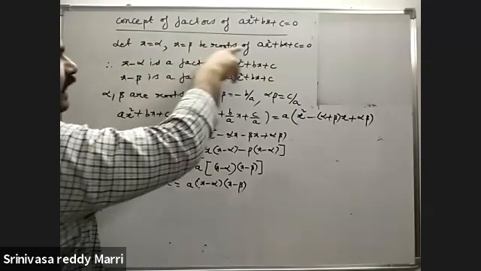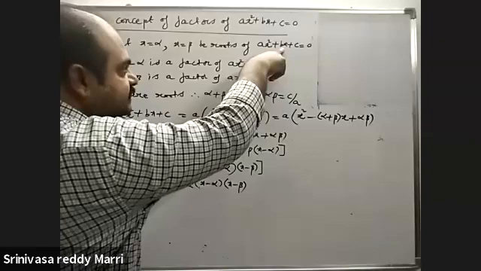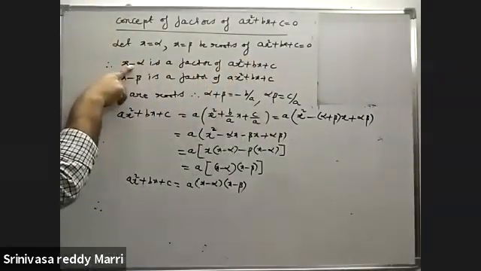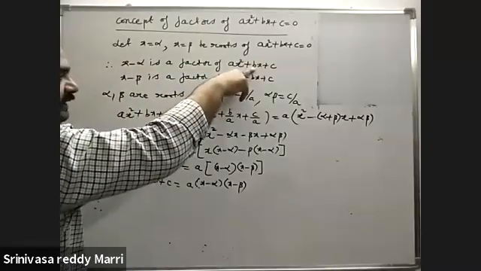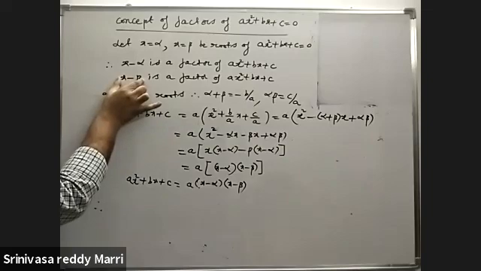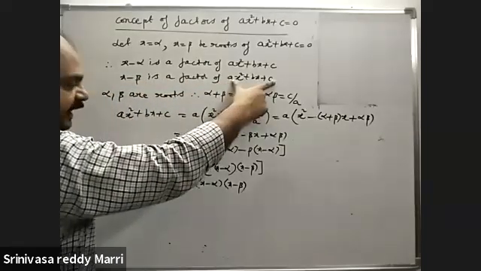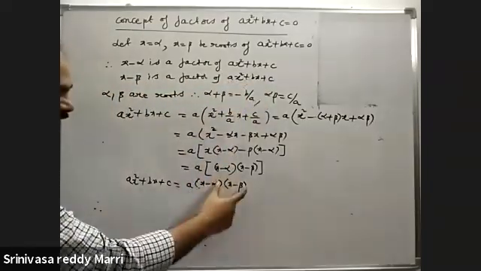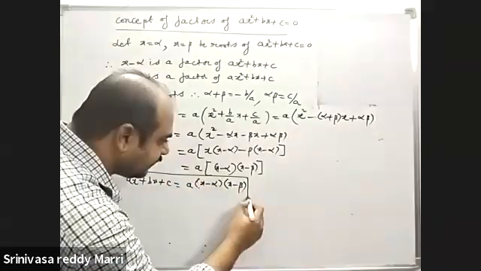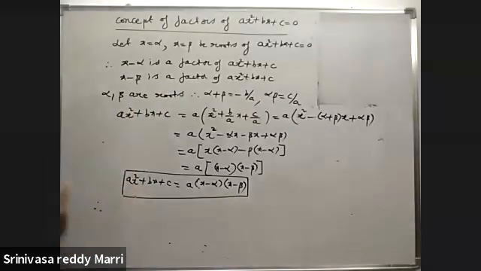If alpha, beta are the roots of ax square plus bx plus c equal to 0, then x minus alpha is a factor of ax square plus bx plus c, and x minus beta is also a factor. Like that, if two roots are there, there will be two factors for ax square plus bx plus c.